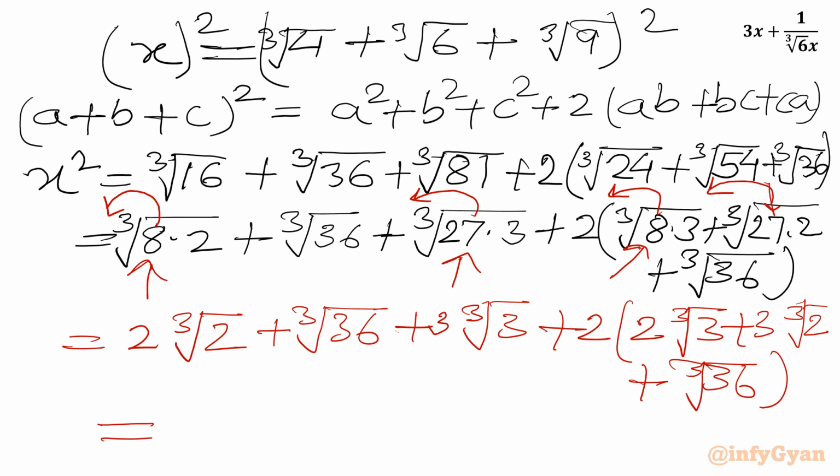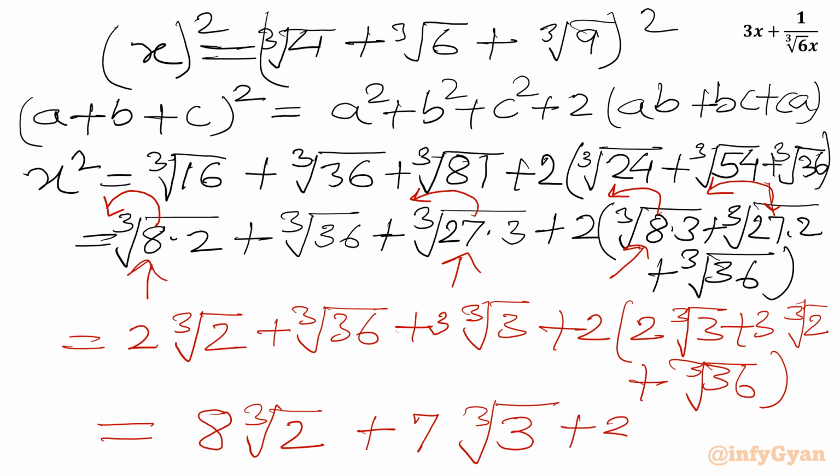Once I simplify our RHS, we will get 8 times cube root 2 plus 7 times cube root 3 plus 3 times cube root 36. This is our x square.